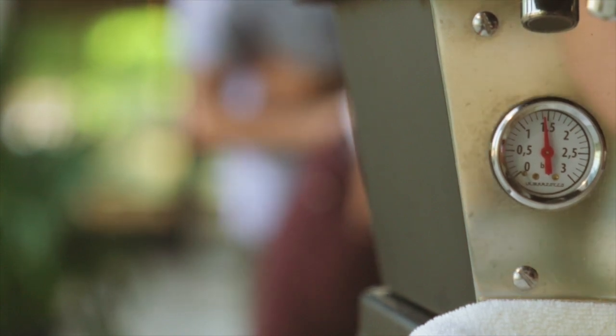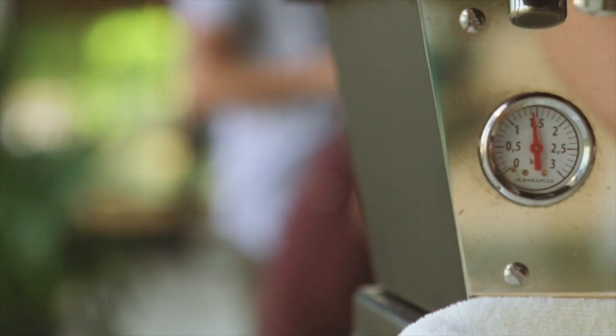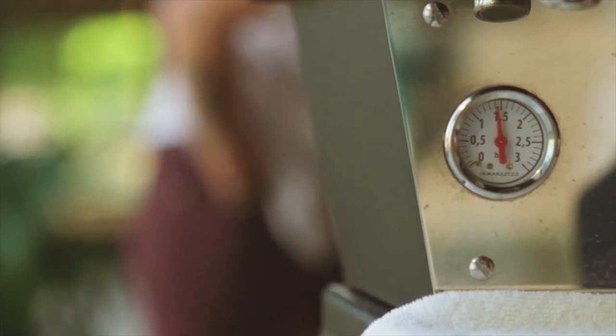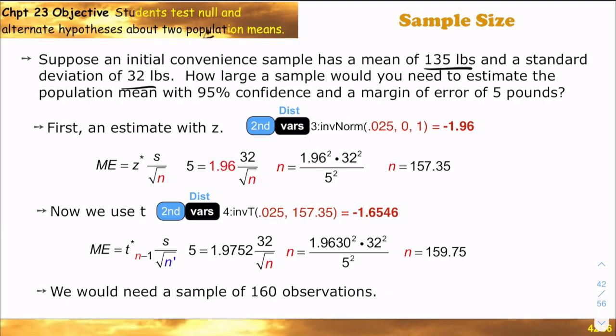Suppose an initial convenience sample has a mean of 135 and a standard deviation of 32. How large would your sample need to be to estimate the population mean with a 95% confidence interval and a margin of error of 5 pounds?